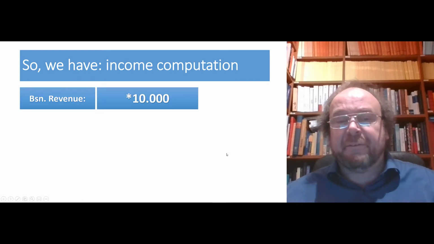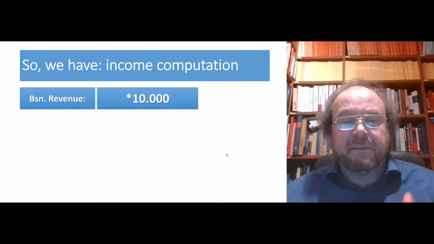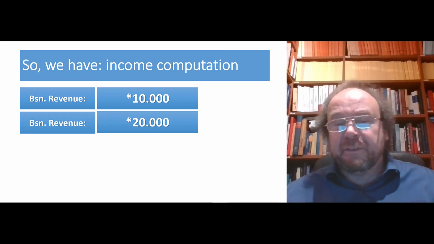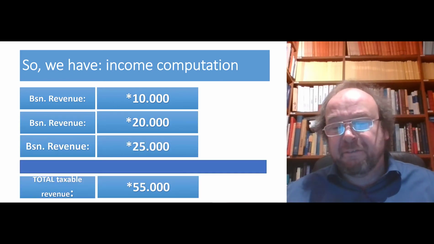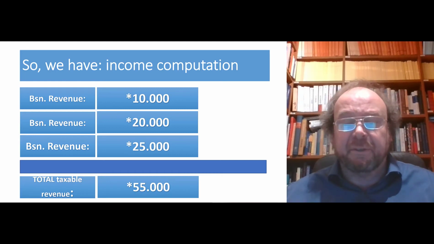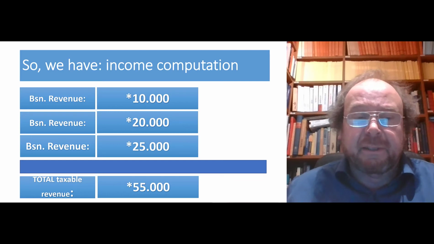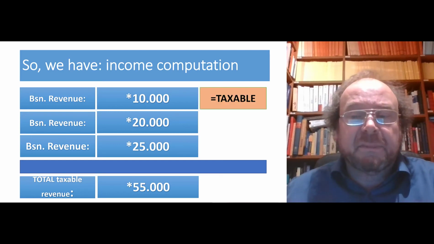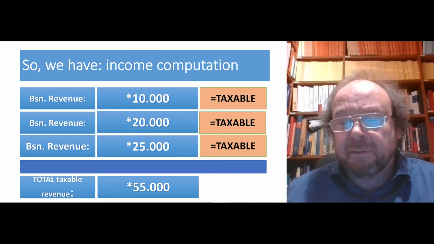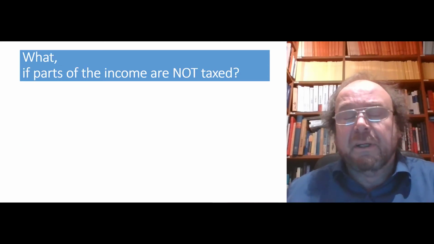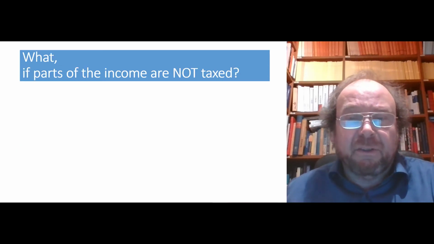So what we have is the idea that you have business revenue, 10,000, for example, then another revenue, 20,000, then 25, then you have a total taxable revenue of 55. As this is all taxable, taxable, taxable, the result is the total taxable revenue. Now, what if parts of the income are not taxed?